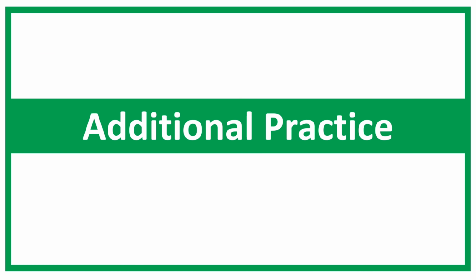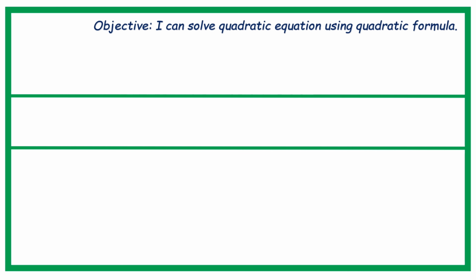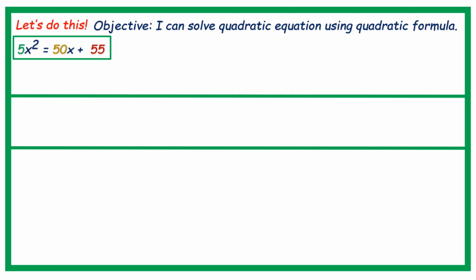Let's have additional practice. Again, our objective: I can solve quadratic equations using the quadratic formula. Let's do this. 5x squared equals 50x plus 55. Again, we need to have an answer that is equal to 0.